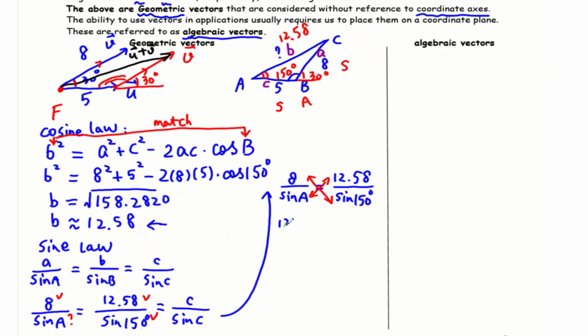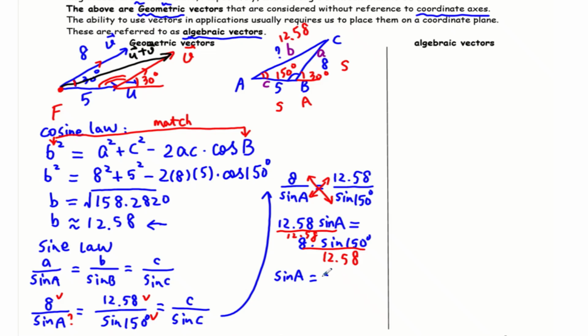So we have 12.58 sine angle A equals 8 times sine 150 degrees. In order to find sine A, we want to move the 12.58 to the other side. It will be division. Both sides divide by 12.58. Then the left side, we are going to have only sine A equals whatever the other side is.